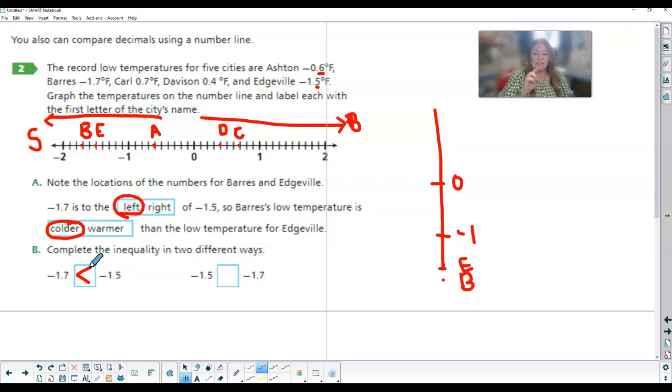Negative 1 and 5/10 is bigger than negative 1 and 7/10 because it's closer to 0. This one is closer to 0, so this one is bigger because they're in the negatives. So if I do that the opposite way, negative 1 and 5/10 is going to be bigger than negative 1 and 7/10. So every time, to the left is smaller, to the right is bigger.